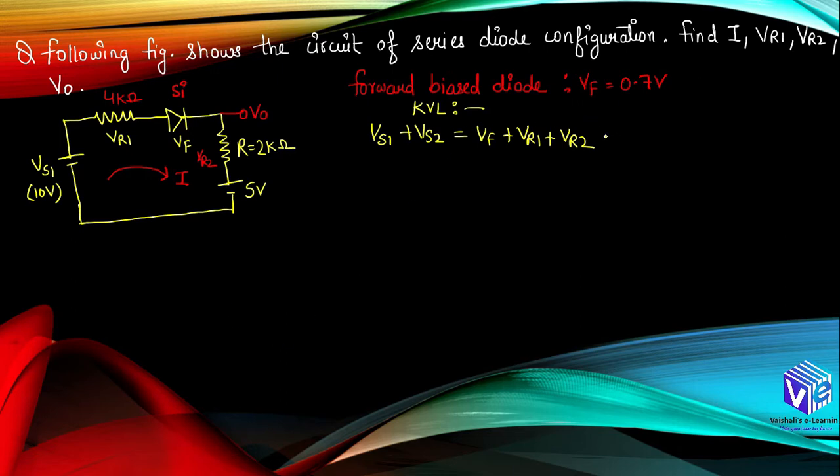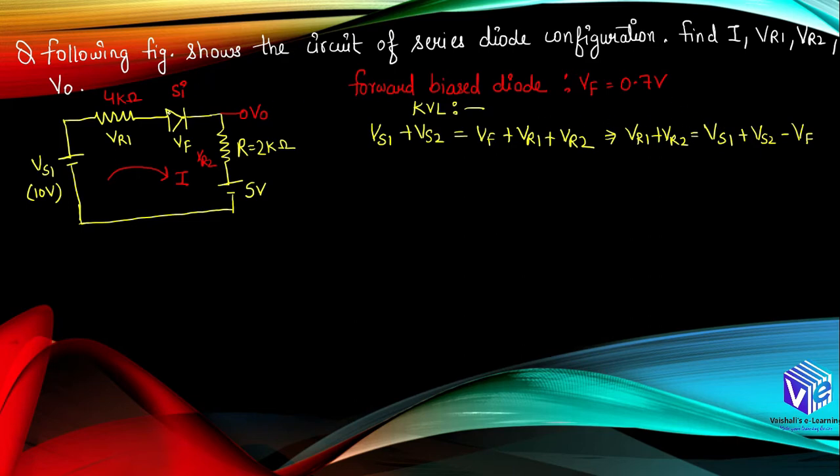Now from here, if I want to find VR1 plus VR2, I will take VF to this side, so VR1 plus VR2 will be equal to VS1 plus VS2 minus VF. This would be my voltage relation for resistor 1 and resistor 2.